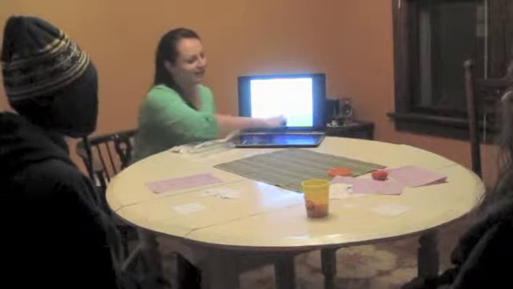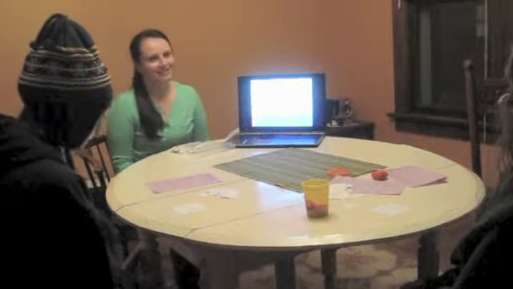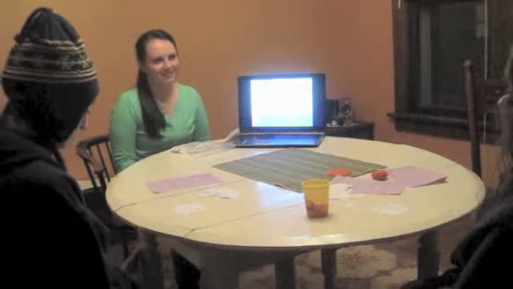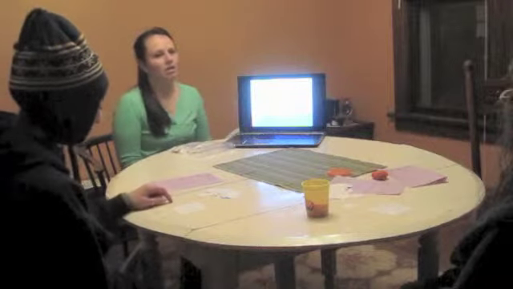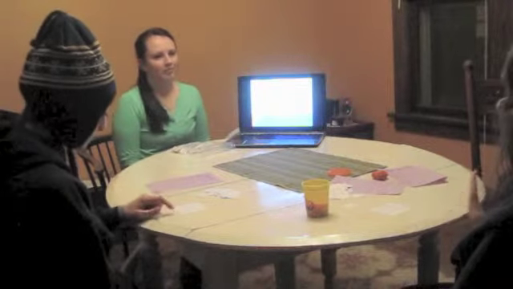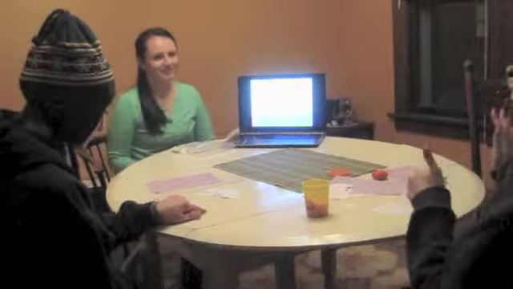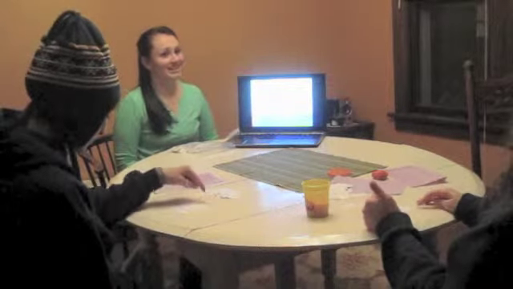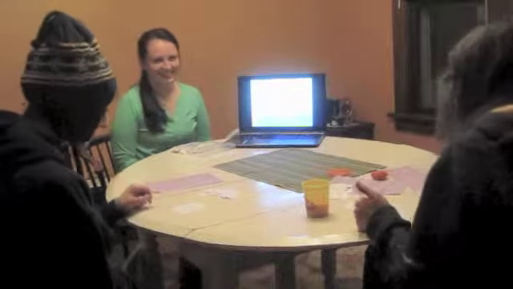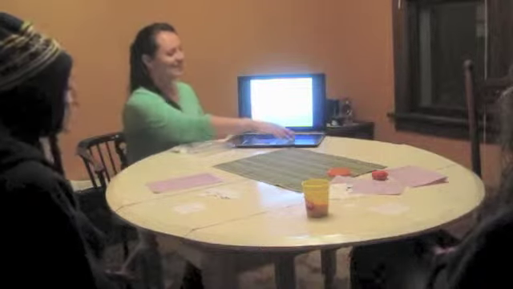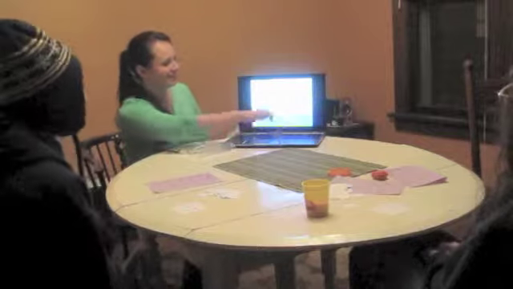Okay, what is the other side of my rectangle? 3. So, can you add up all the sides then and tell me what my perimeter would be for this square? 6. You're forgetting 2 sides. Oh, 12. Great job. It looks like you're understanding.